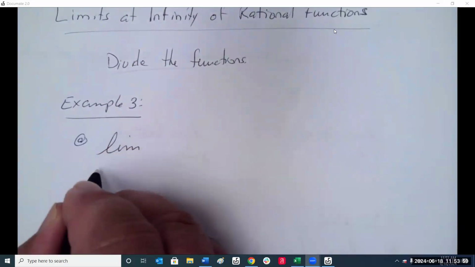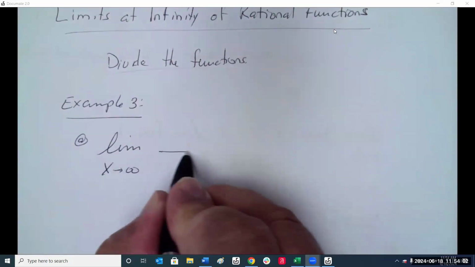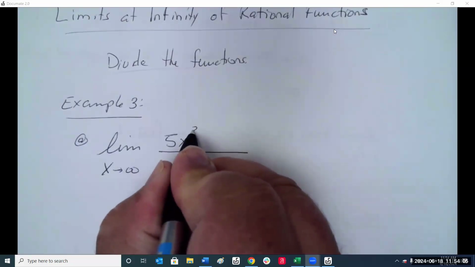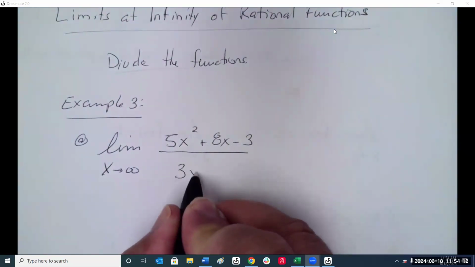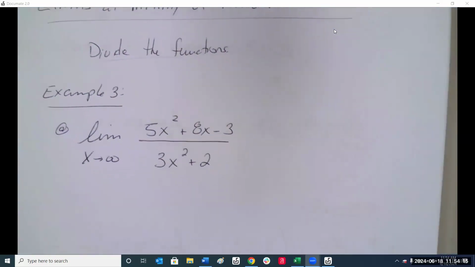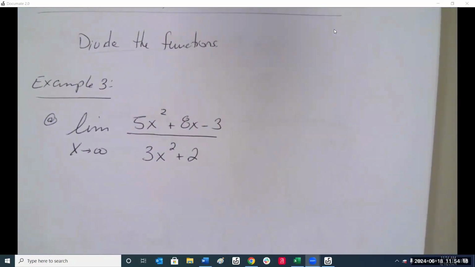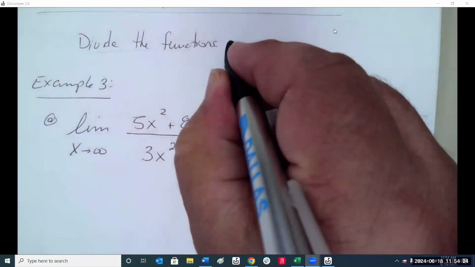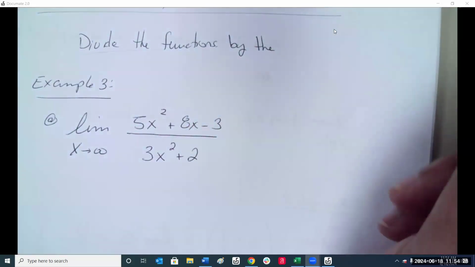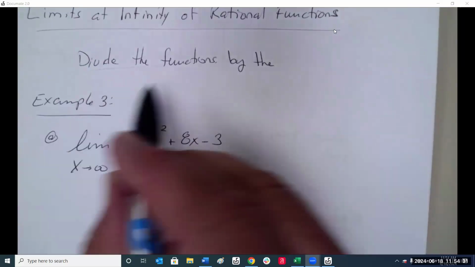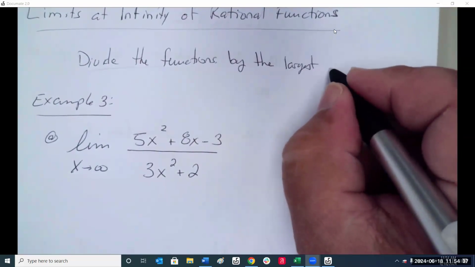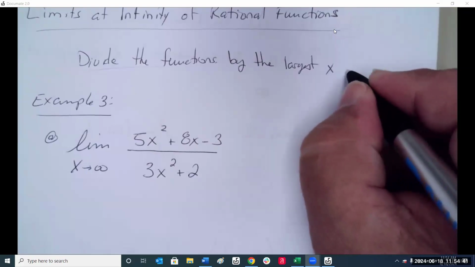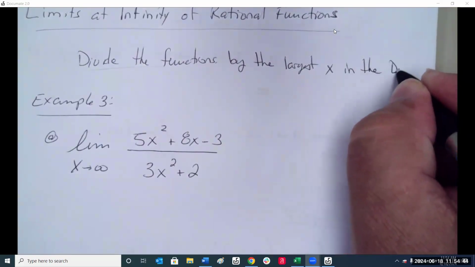The limit as x approaches infinity of 5x squared plus 8x minus 3 over 3x squared plus 2. Okay, this is divide the functions by the largest x in the denominator.